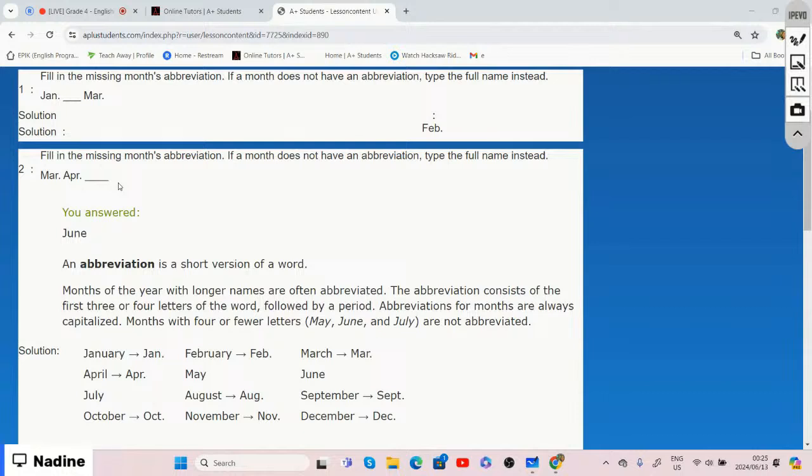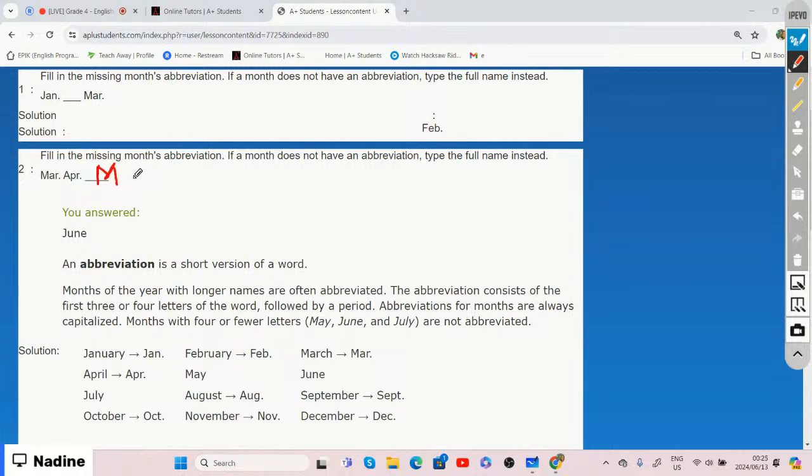What is after April? All right. And our missing abbreviated word would then be May, right? So since May is already short, we write down the full word May.